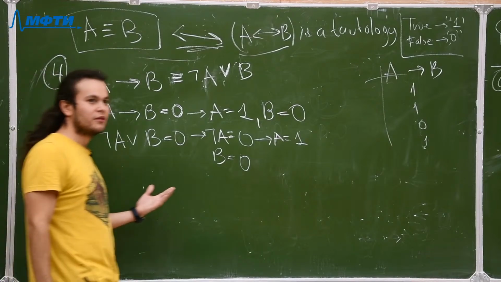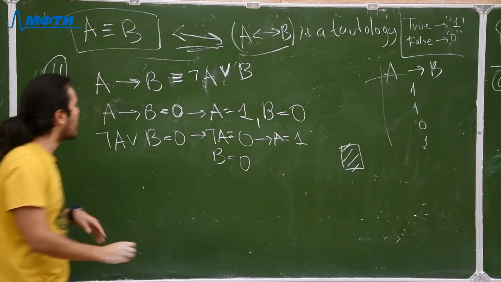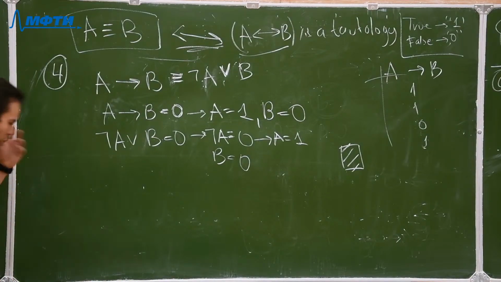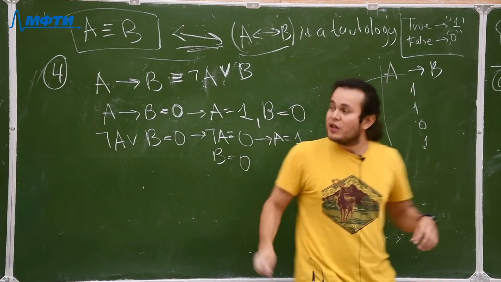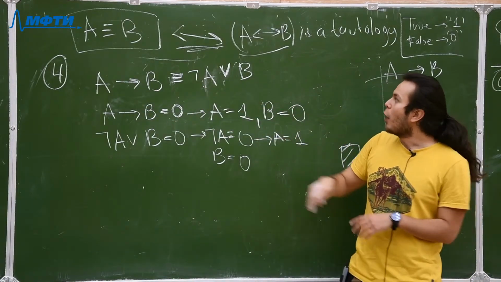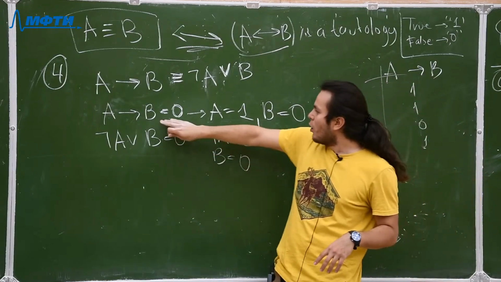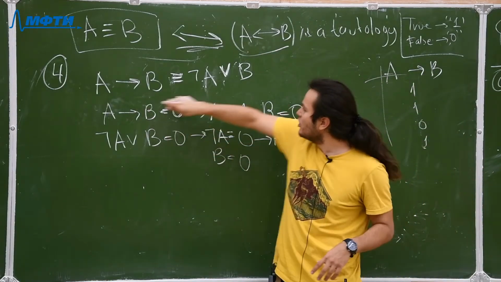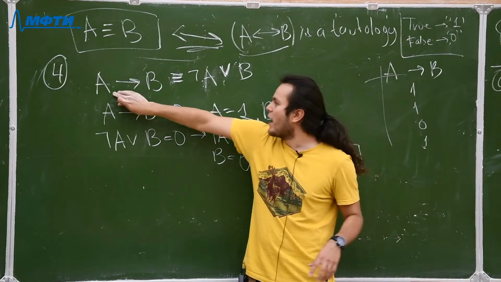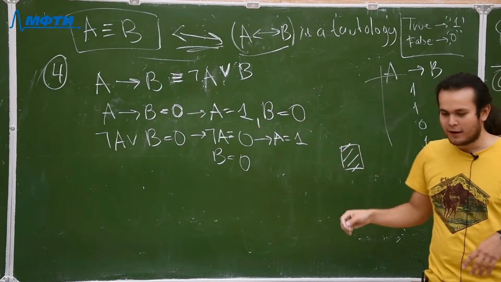We prove it. Okay? So, again, we have to prove that these two statements are equivalent. And we know this. So, we need to prove that when this is false and this is false, then the values of A and B are the same. Okay? And that's it.